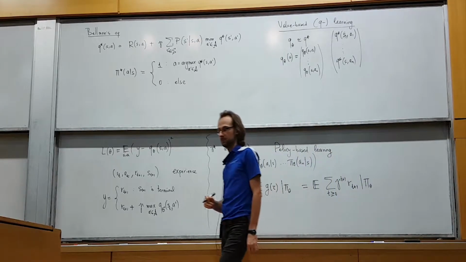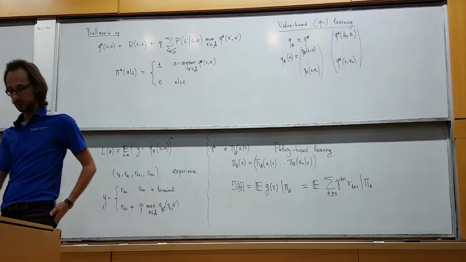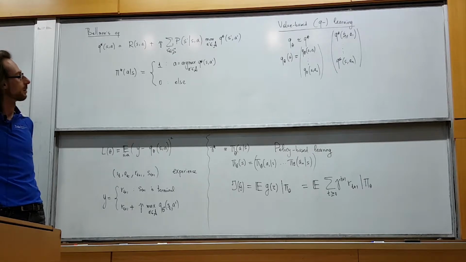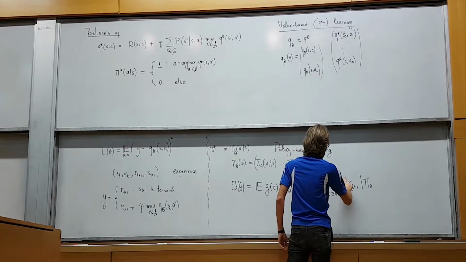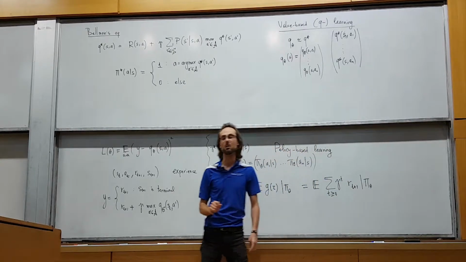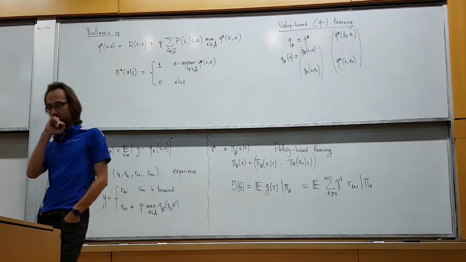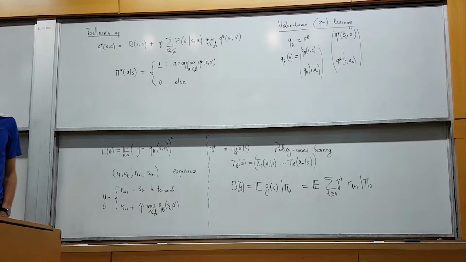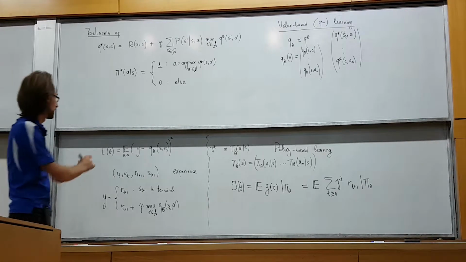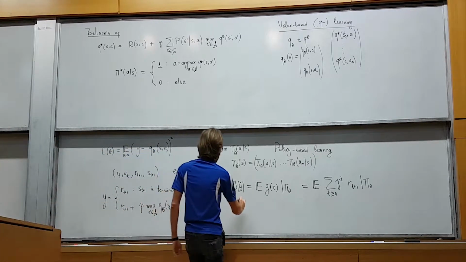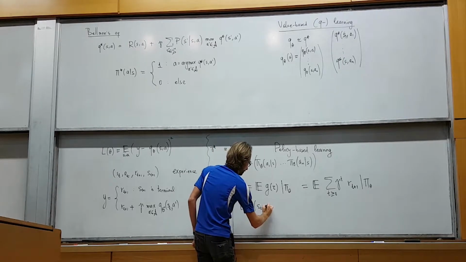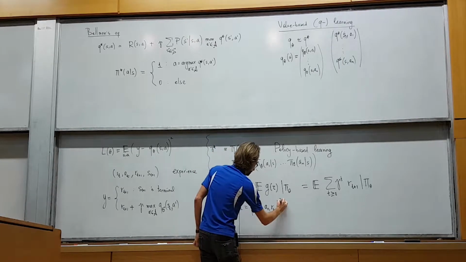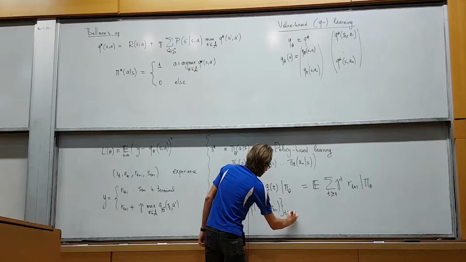Since the first weight will be 1. And again, tau is just a trajectory of this type. Tau is the sequence S t, A t, R t plus 1, for t greater or equal to 0.